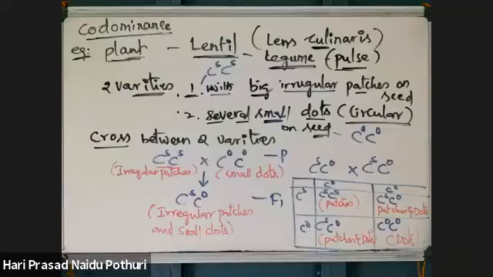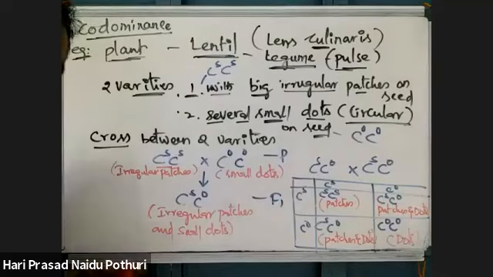Self-pollination of F1 produces F2 in the ratio of one spotted is to two spotted and dotted is to one dotted.